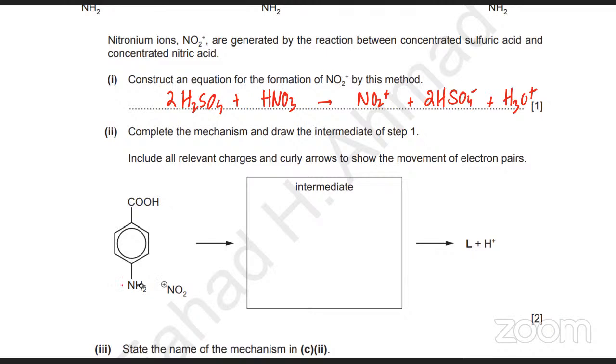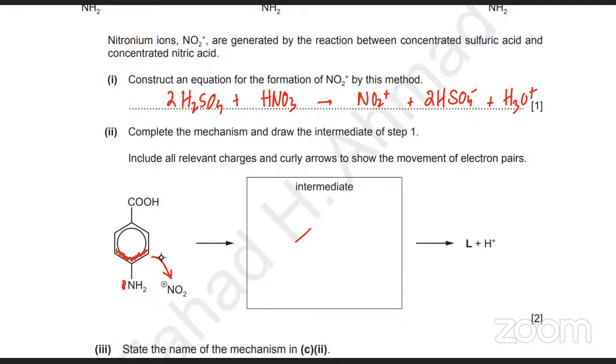The N has an electron donating effect, so the electron density is going to be significantly higher at these positions, 2, 4, and 6. We already have something attached at 4. So the NO2+ will get attached to the benzene on this side.